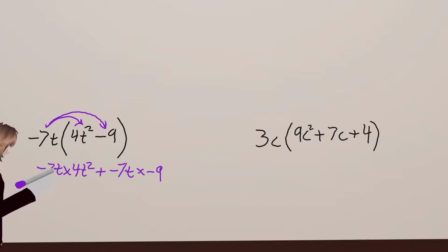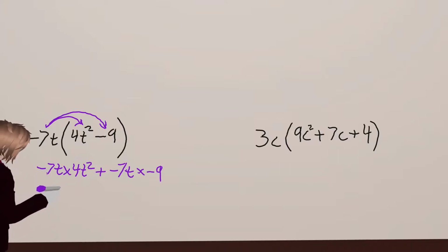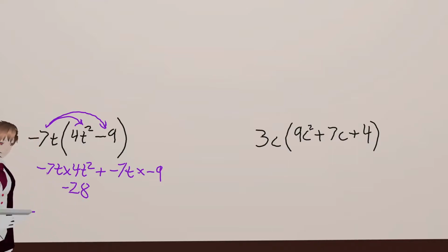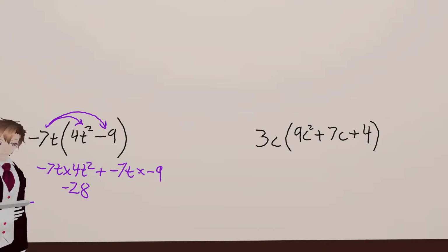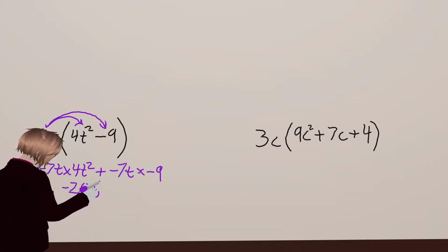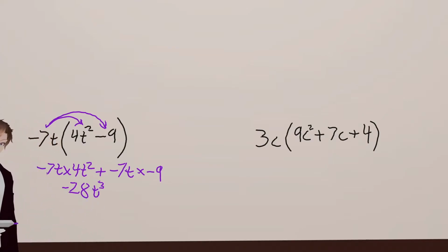Negative 7 times 4 is negative 28, and t times t squared, if you remember your multiplication law with indices, is t cubed, or t to the power of 3.